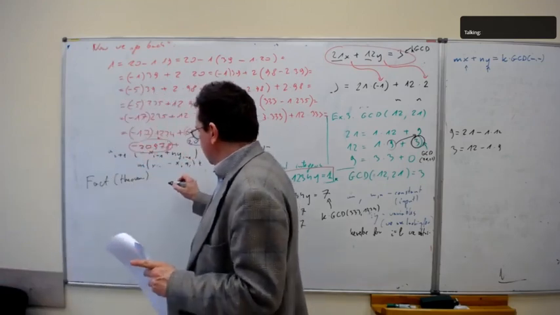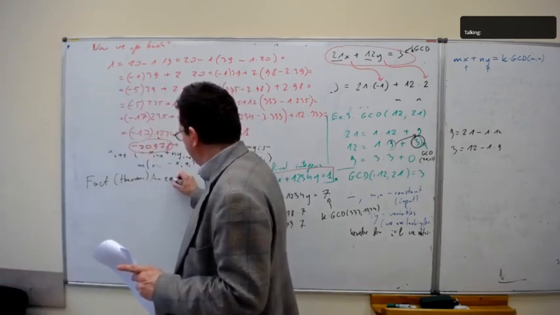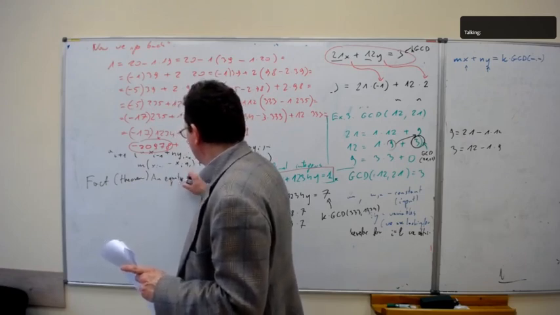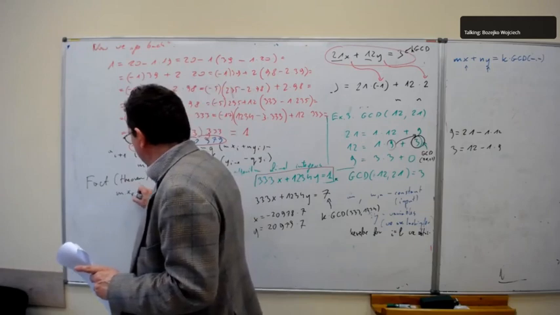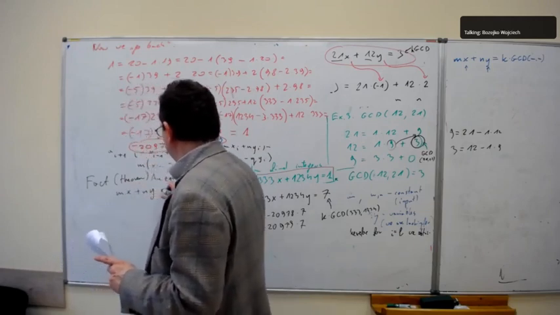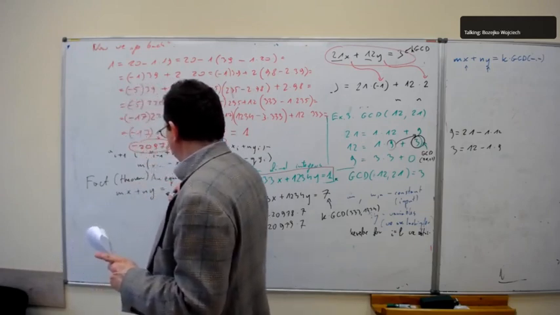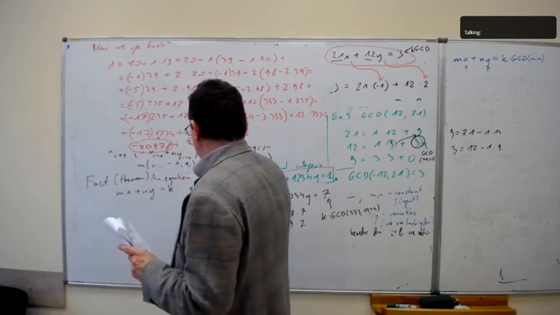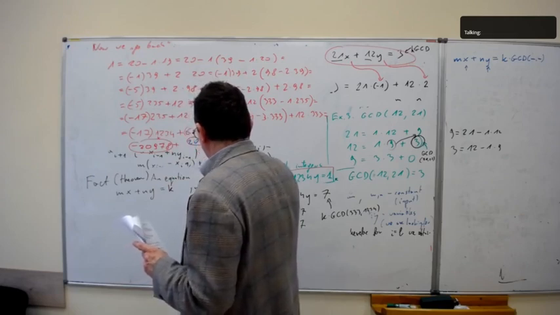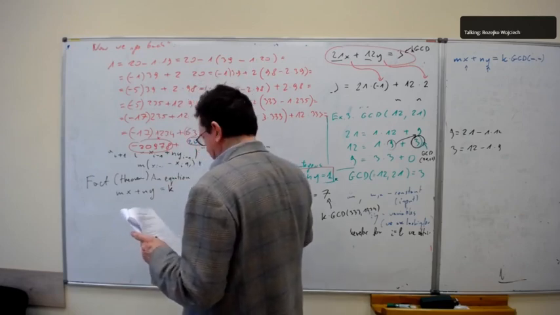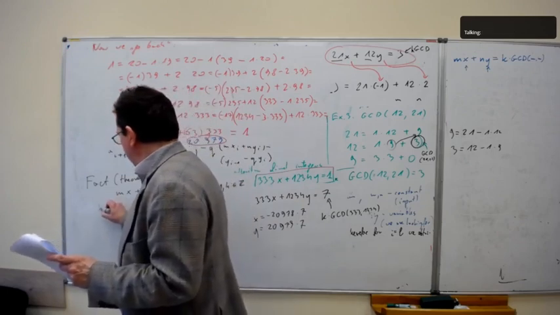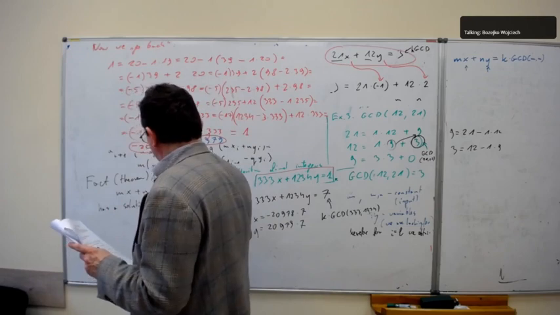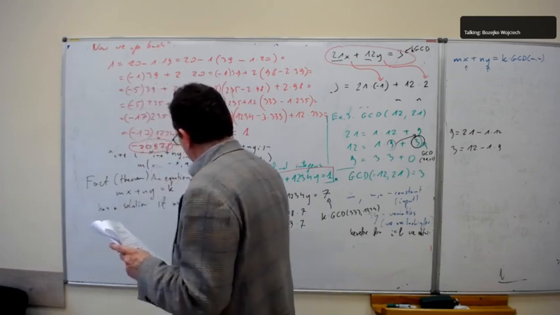An equation mx plus ny equals k, with m, x, n, y, k integers, has a solution if and only if.